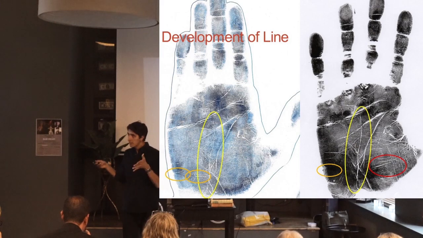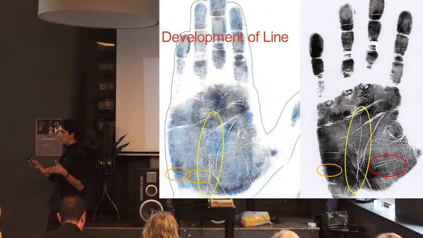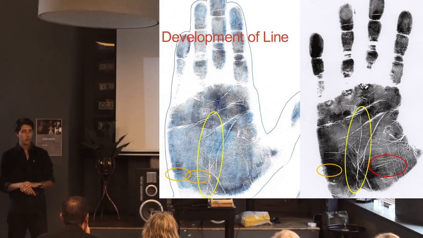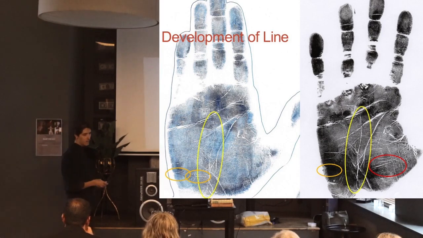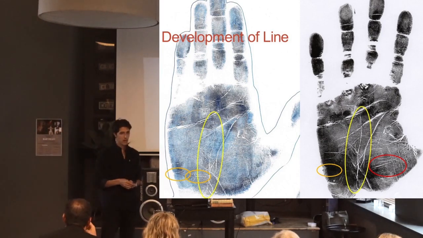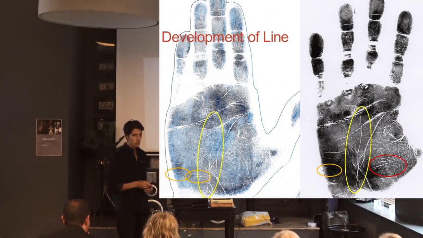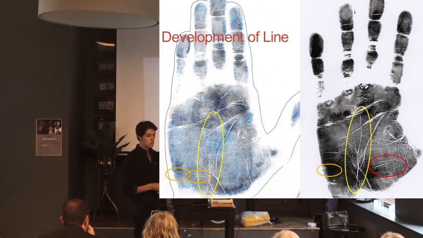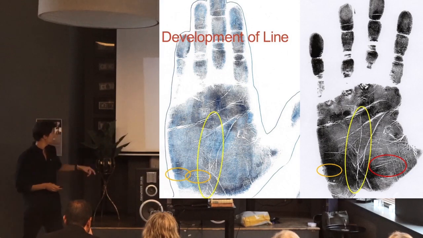Line development: the lines on the hand change. Because the lines are representative of brain activity and they are developed in relation to the nervous system, they do change. So what we've got here is an example on the left. We've got the yellow around where there's not much of a line there at all.